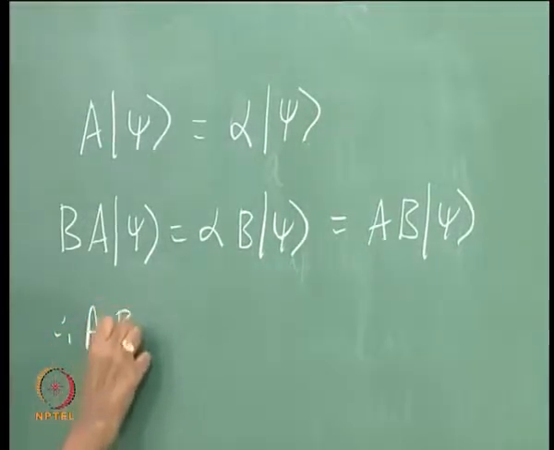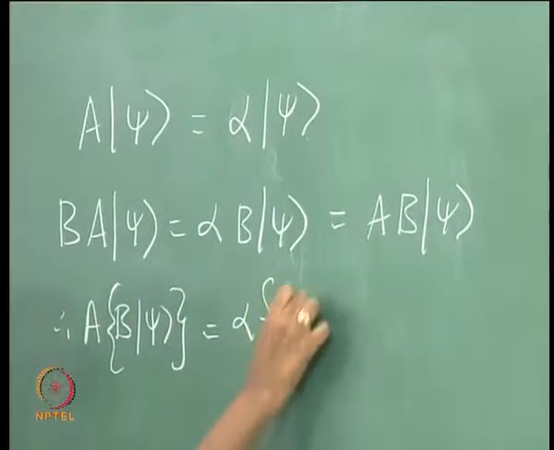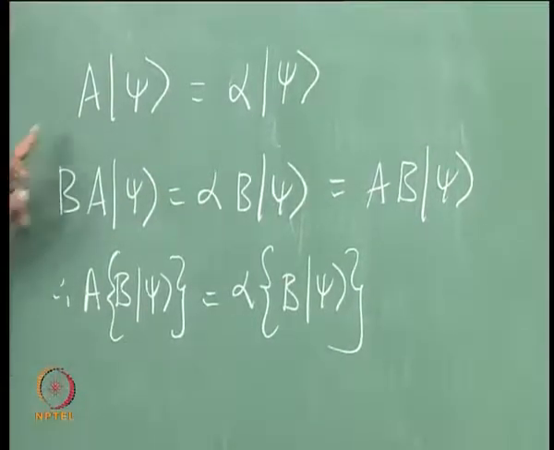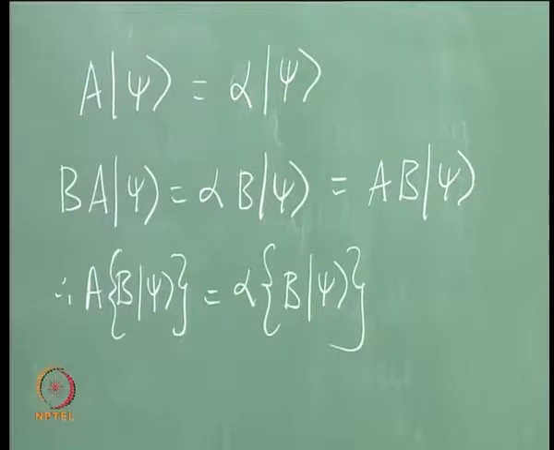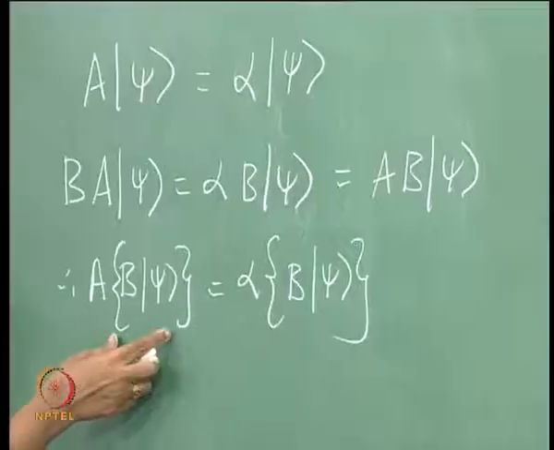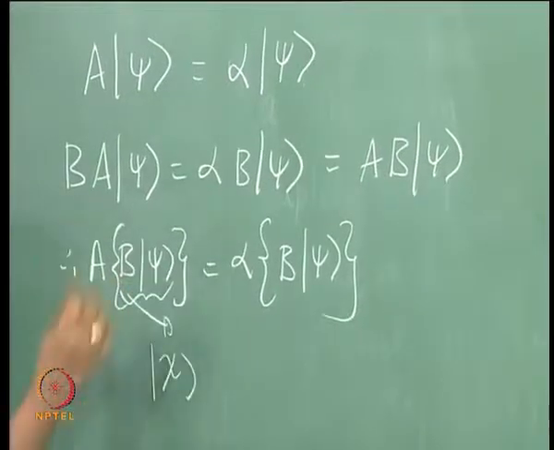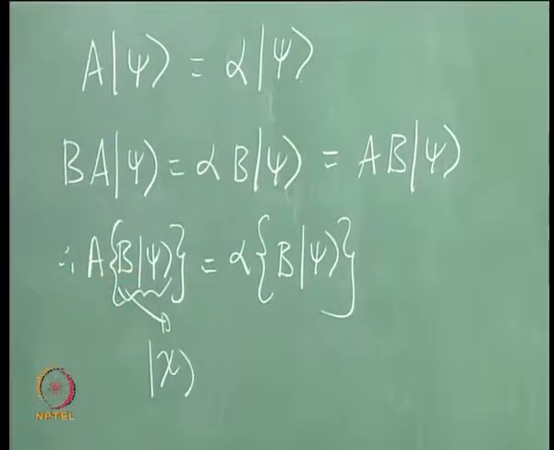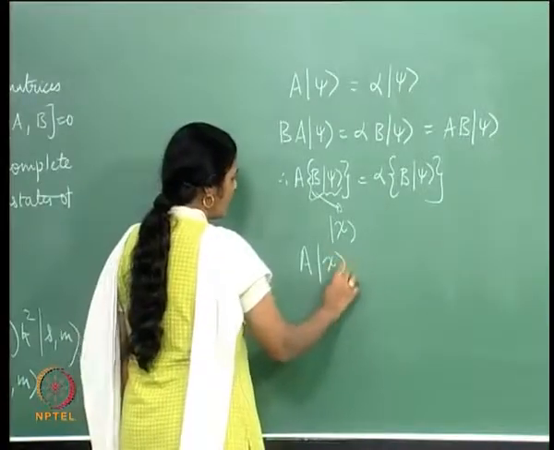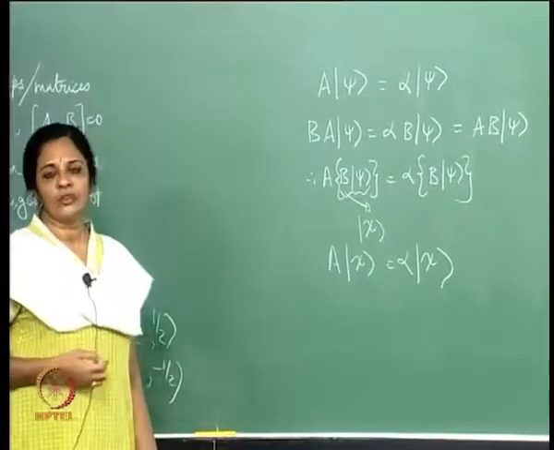Therefore, A B psi is alpha B psi, where alpha is the eigenvalue of A corresponding to the eigenvector psi. We have then shown that B psi, this is another state which I will call chi, because an operator acting on a state gives me another state, is also an eigenstate of A with eigenvalue alpha.